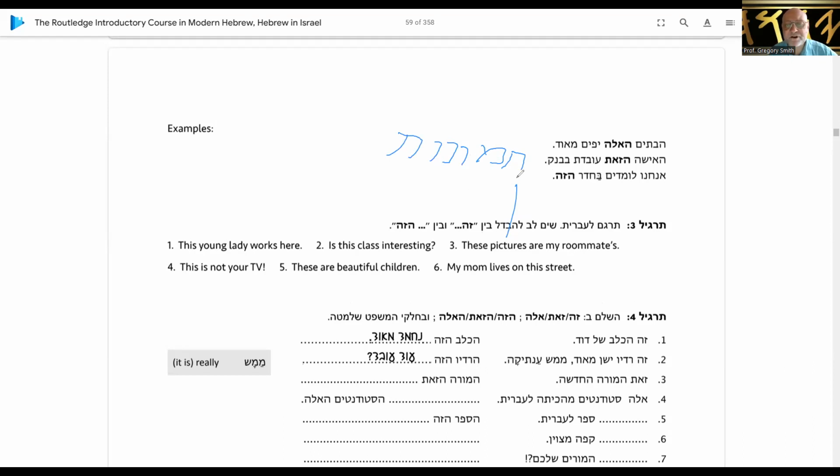I would bet it would be hatmunot ha'ela. The pictures, or these pictures, and I wonder if it would use zeh. Hatmunot ha'ela zeh. Okay.